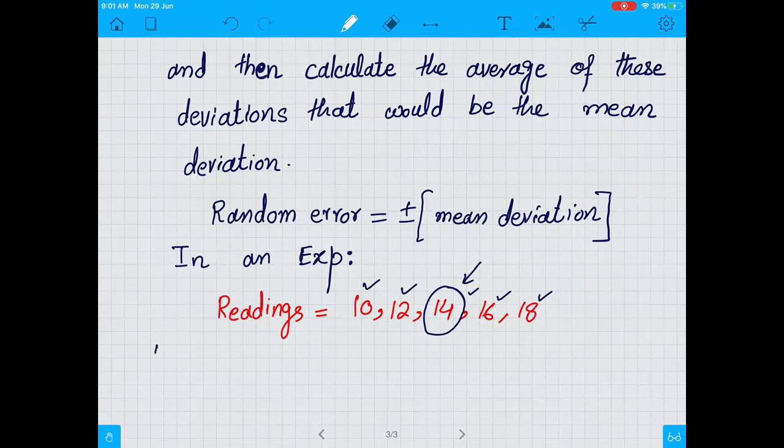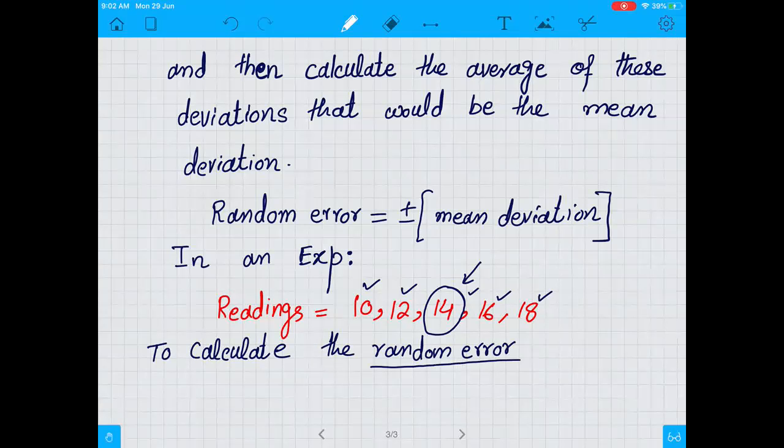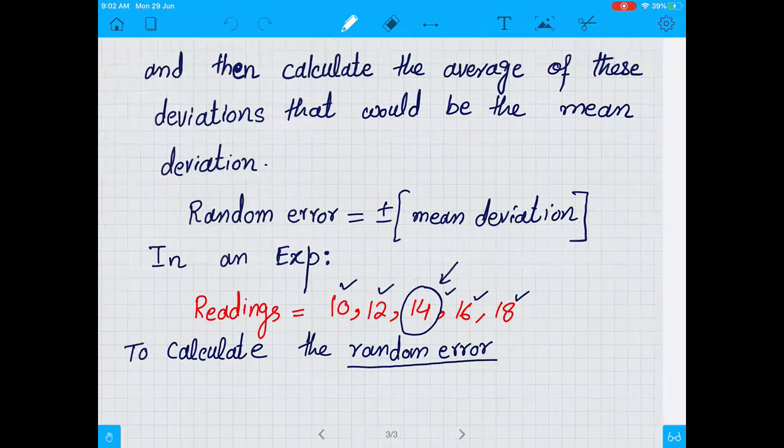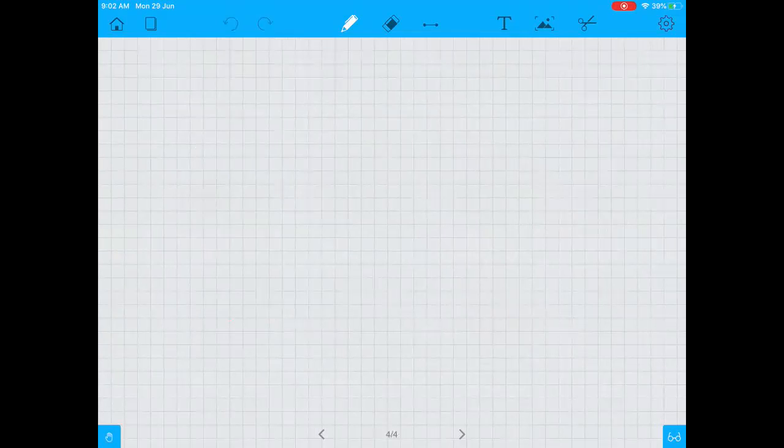Now to calculate the random error, the first step is to calculate the deviation of the readings from the average. We are taking simple values so that we must be able to understand the concept.